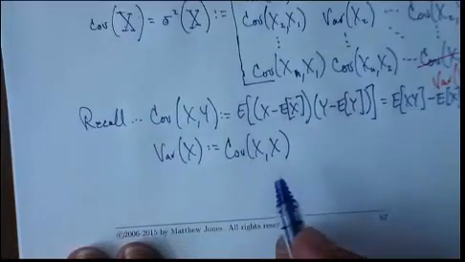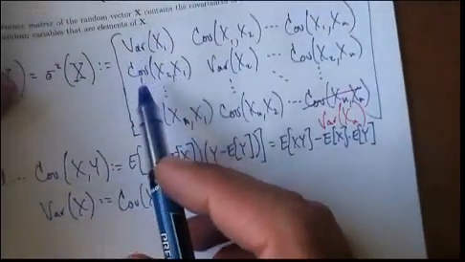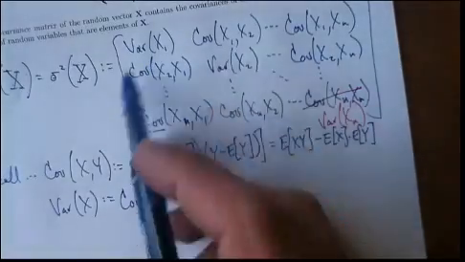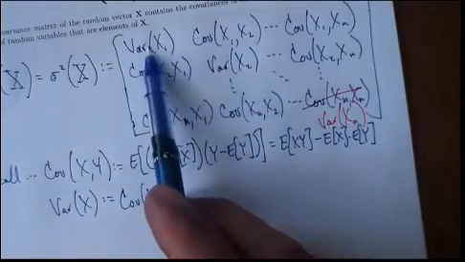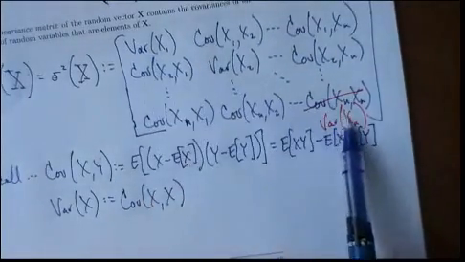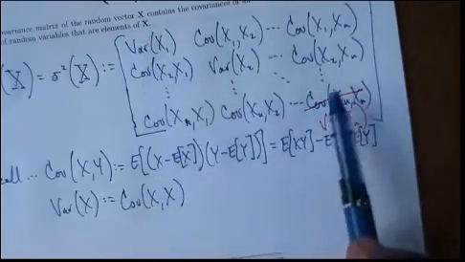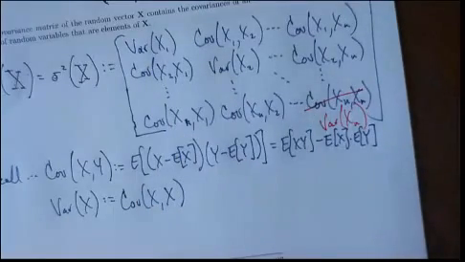So that's why, when we have the covariance matrix for random variables, we have variances all along the diagonal and covariances in the off diagonal.